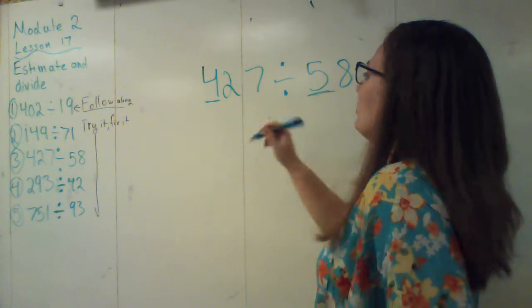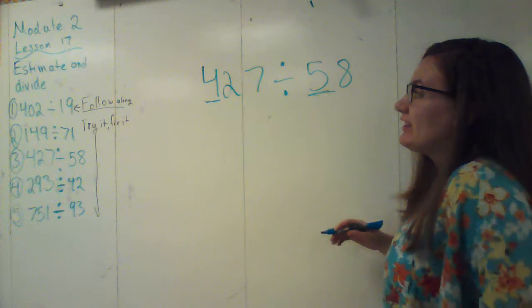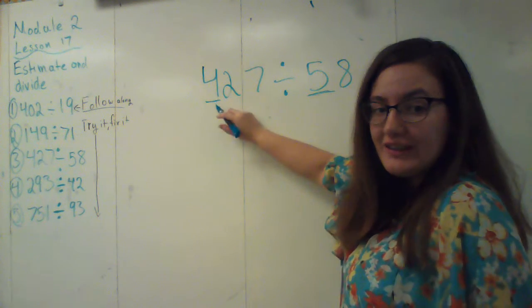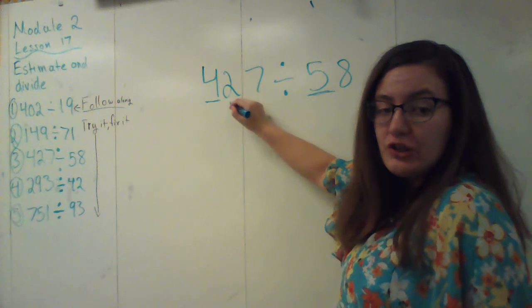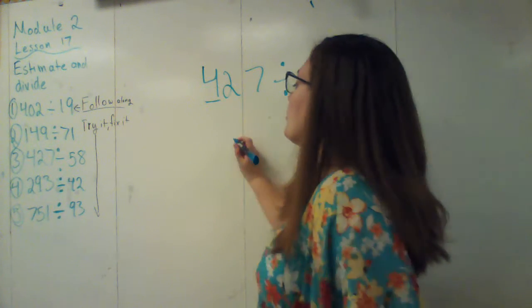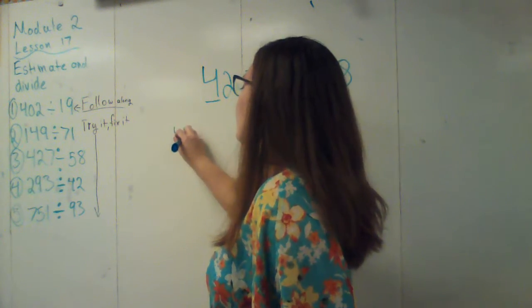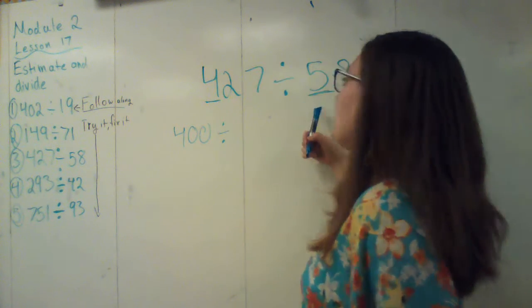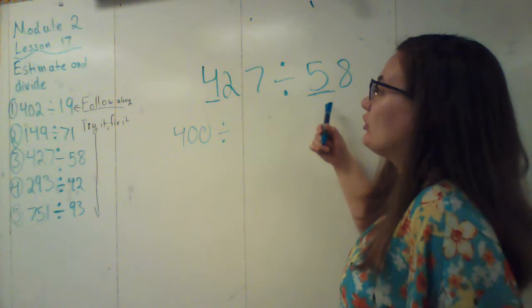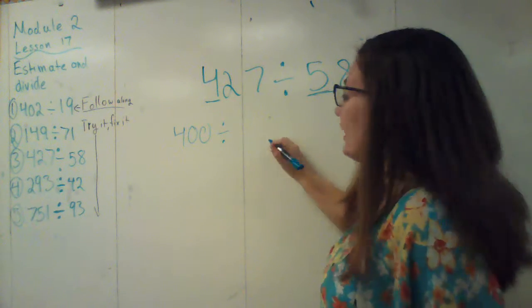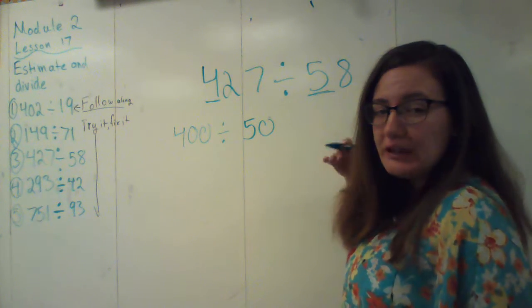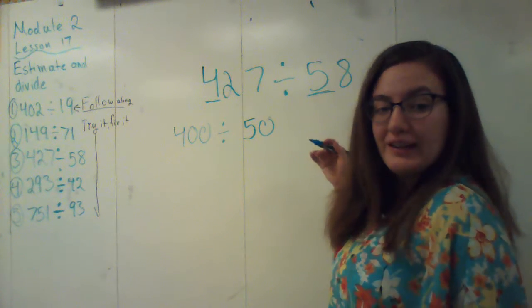So I'm going to do 427, and since I'm going to round it to its largest place value, the 400s, I'm going to be rounding down because there's a 2 in this place value. So I'm going to round this to 400, and then I'm going to round this 58 to 50, just because if I rounded it to 60, would I be able to do 4 divided by 6?